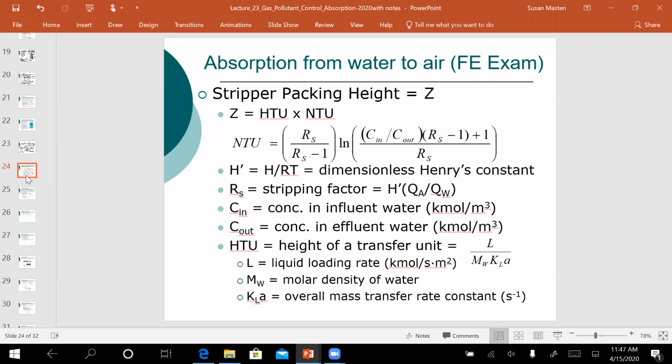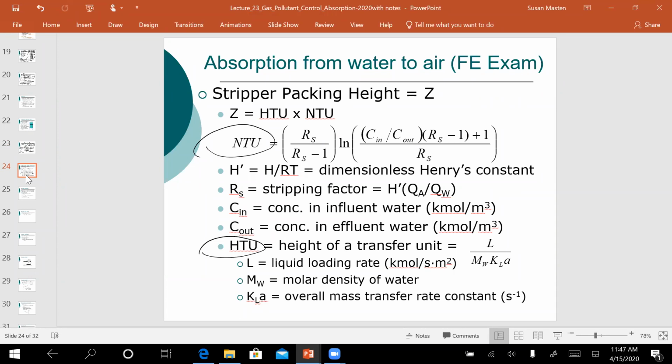And from that, we can determine the number of transfer units, and we can also determine a height of the transfer unit. So what we need are the number of transfer units and the height of the transfer unit.